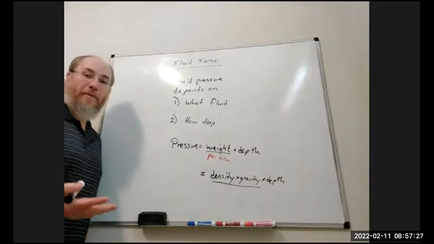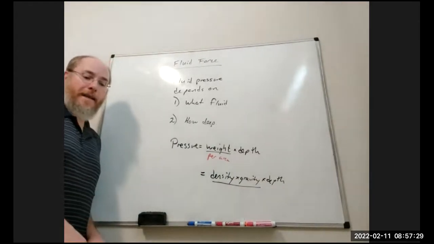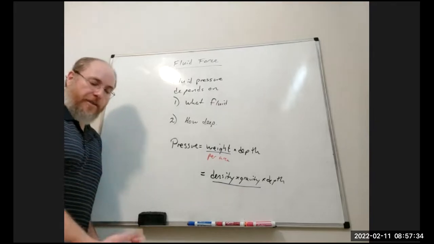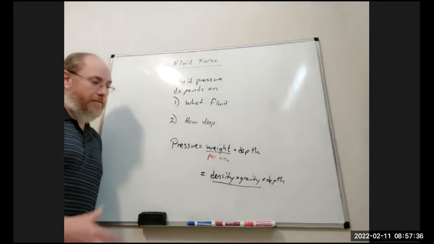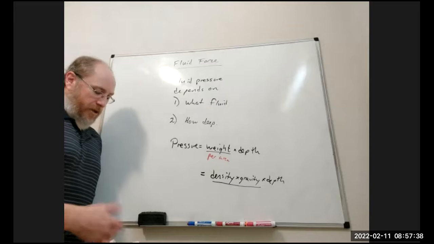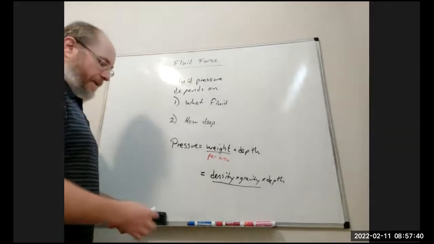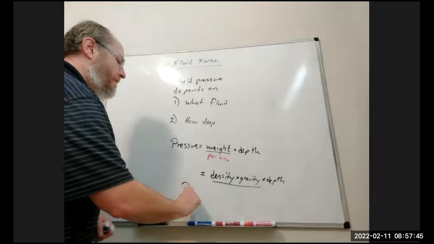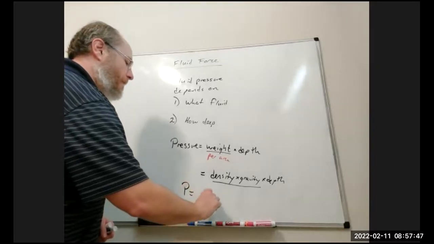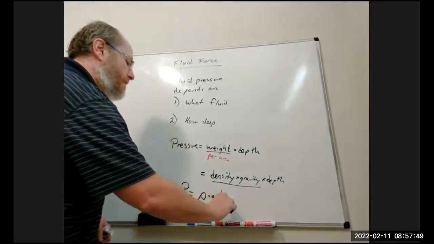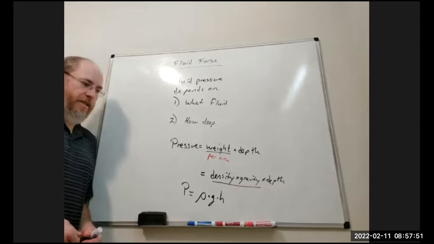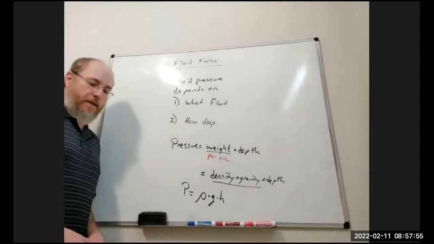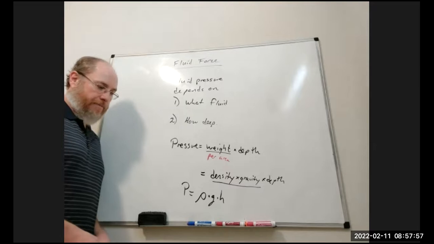I think I mentioned that before, that weight is a gravitational attraction of your mass, so it's not mass, but it's weight. So as a formula, if we think about what we've been using for these, we get that the pressure is equal to rho times g times h. So that's just the easy way to remember. It's rho g h. So density times gravity times the depth.